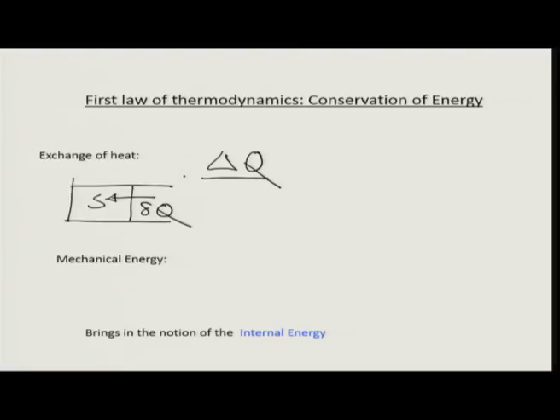Okay? So, I supply delta Q amount of heat to the system, and if I do not allow the system to do any mechanical work, some quantity must increase, and that we call the internal energy.